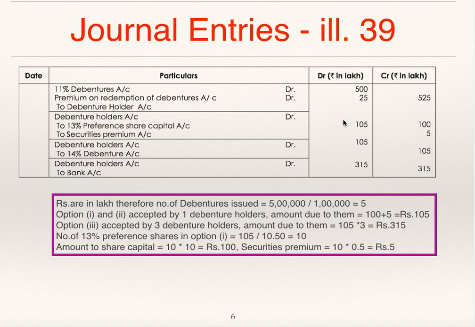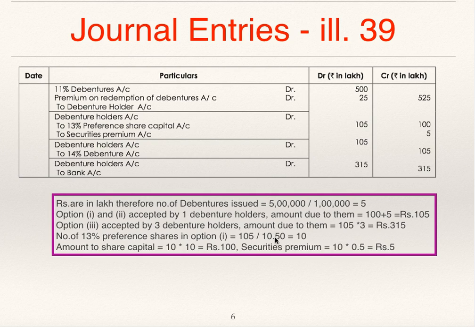First option, debenture holders account debit 105 to preference share capital 100 to securities premium 5. See here, number of 13% preference shares in option 1. We'll calculate number of shares. Amount due to debenture holders is 105 and what is the issue price? 10 rupees 50 paisa.